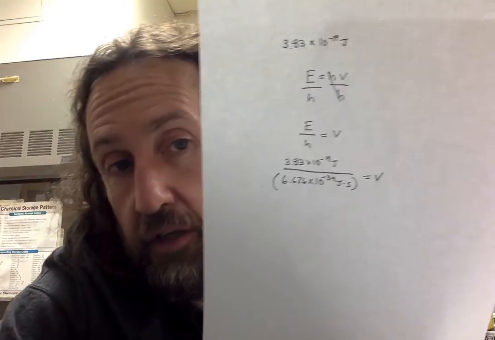That should be a pretty big number. If you start out with something times 10 to the negative 19th for energy, your frequency is usually something times 10 to the 14th. And I got 5.78 times 10 to the 14th hertz.